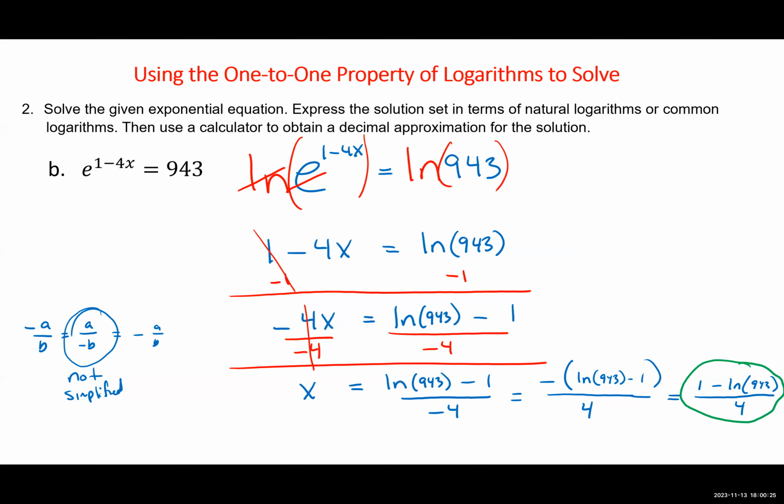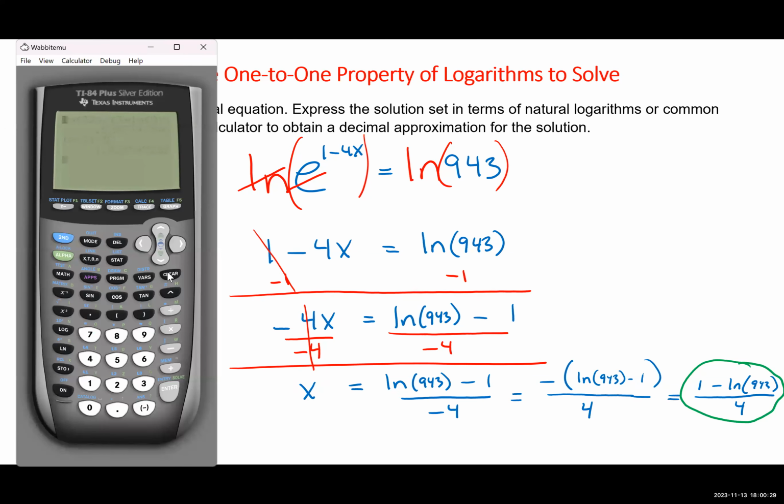And we could again get a decimal approximation of that. Let's clear this out. I'm using parentheses around the numerator, just so the calculator does things in the right order. 1 minus the natural log of 943, close those parentheses, divide by 4.